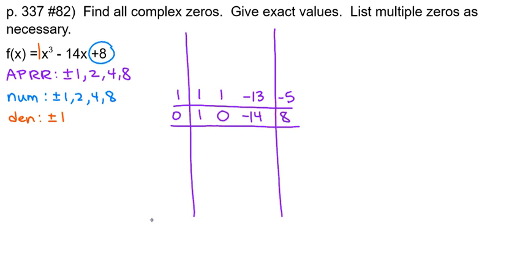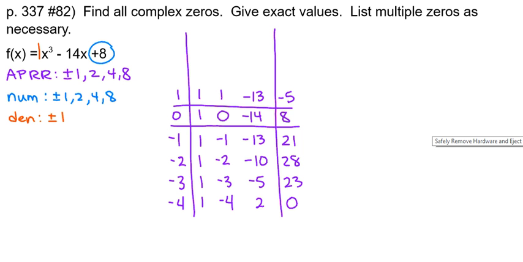And so on. I'll do one more. Negative 1. Bring down the first number. 1 times the number in the box plus the next number in the 0 row. Negative 1 times the number in the box plus the next number in the 0 row. Negative 13 times the number in the box plus the next number in the 0 row. Okay, I'll keep going.